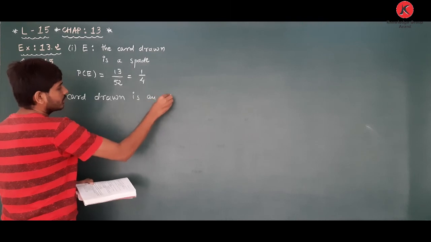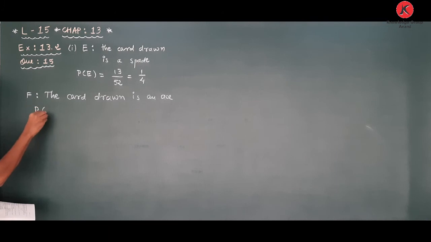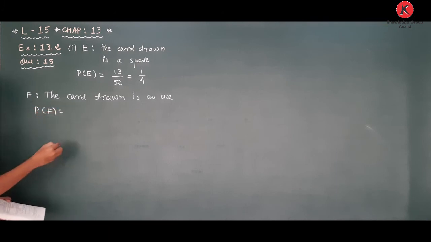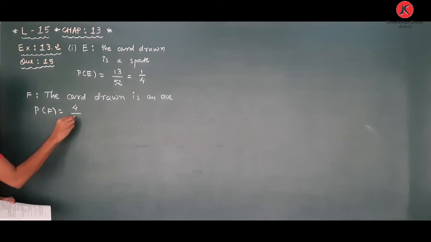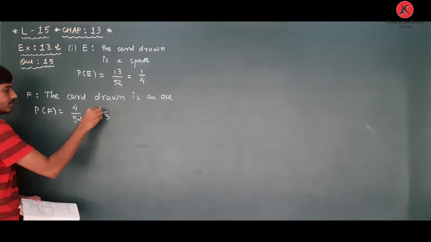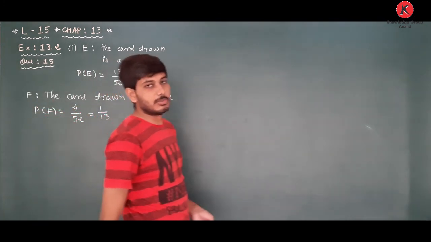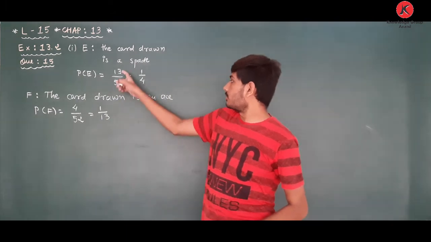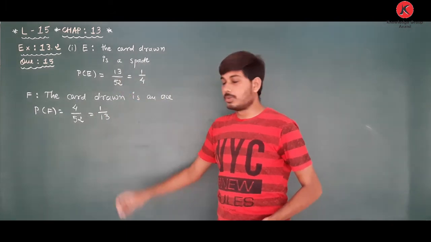Total 4 aces are available out of 52 cards. Therefore, the probability of event F is 1 by 13.